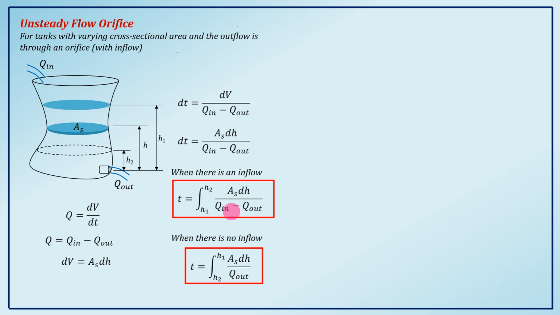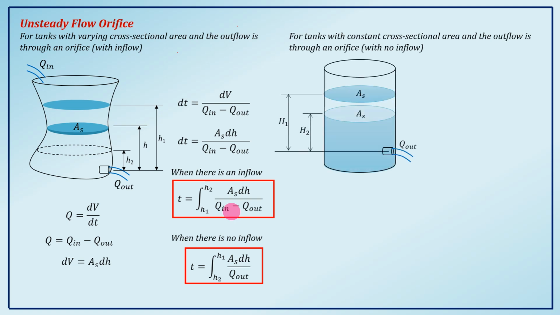So, what if we have a tank with a constant cross-sectional area, with outflow but no inflow? In that case, the cross-sectional area is constant. Say we have a cylindrical tank.